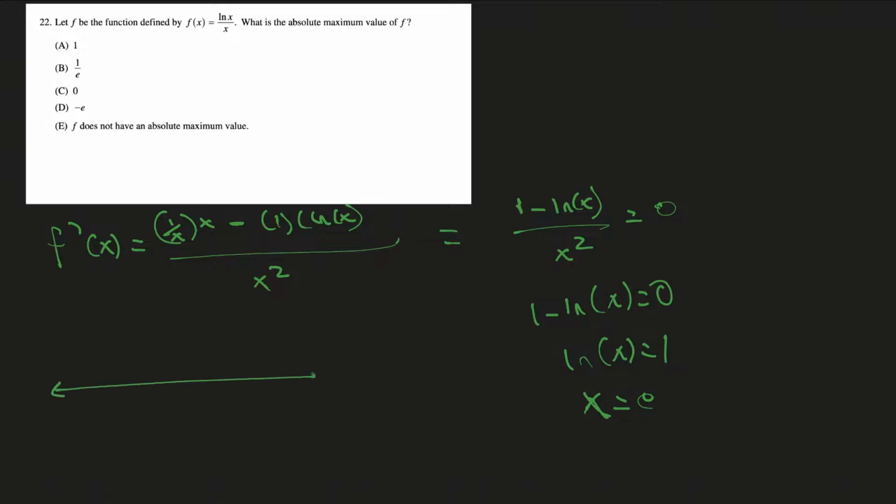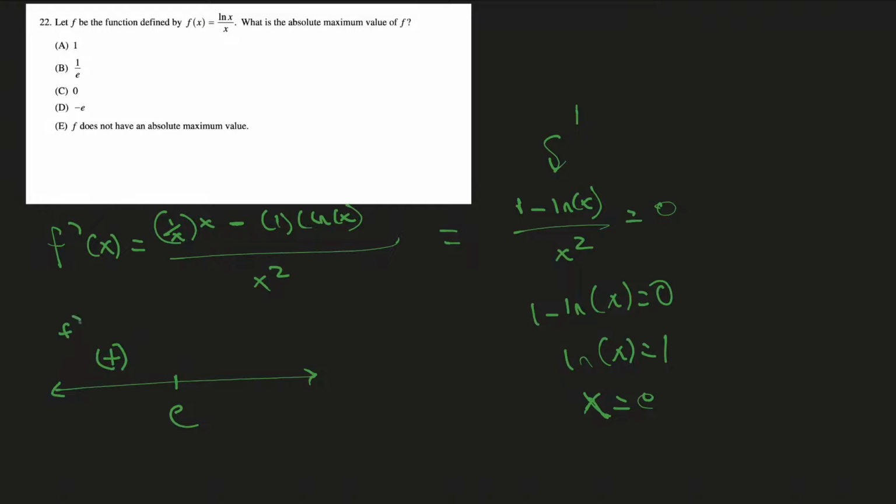If we draw a number line and center it at e, to figure out if this is an absolute maximum or a local maximum, we just have to check to see if f prime of x is either positive or negative. If I plug in a value, let's say 1, the bottom is going to be 1. ln of 1 is definitely less than 1, which would mean the values here are going to be positive.